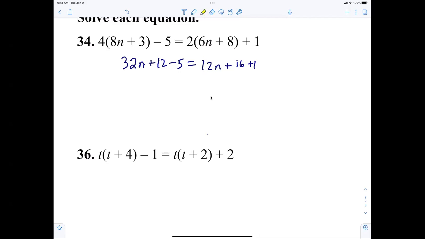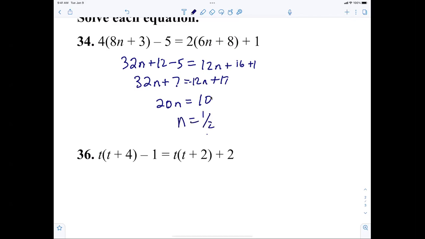So that's 32 and combining terms, good. 7 equals 12 plus 17. And we bring this all over, so that's 20. Anything else we need to do? So 20 equals 20. Yes. Pretty happy with that.